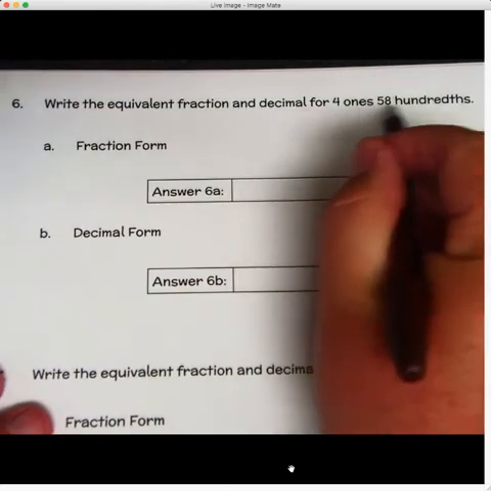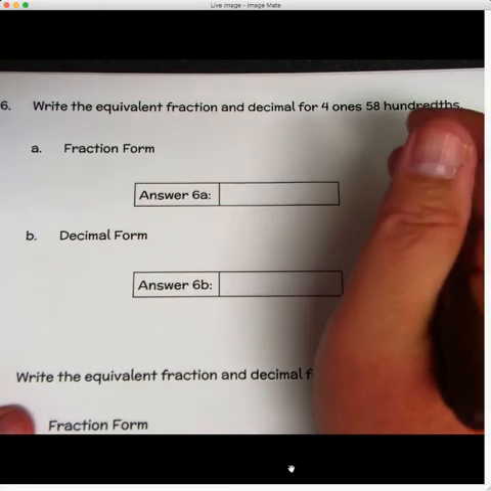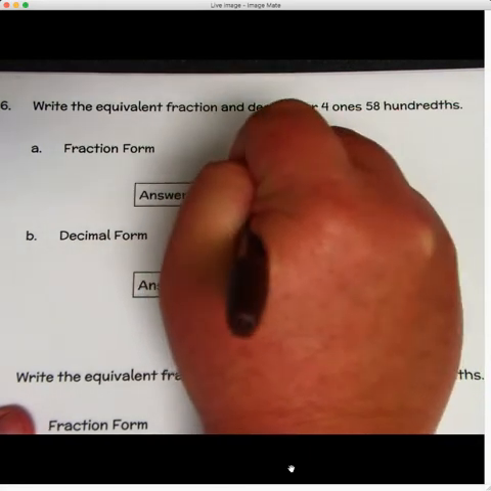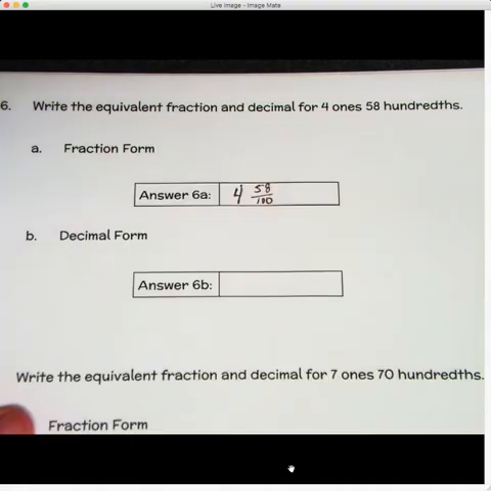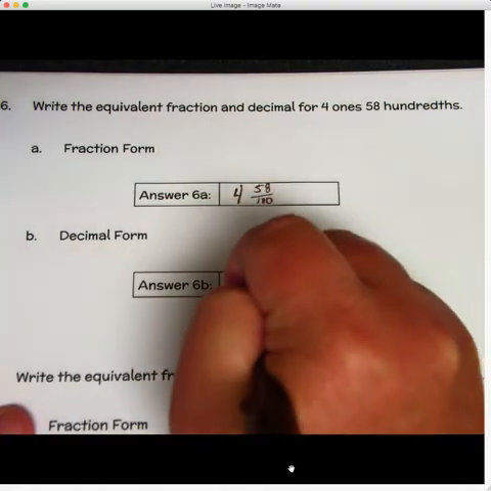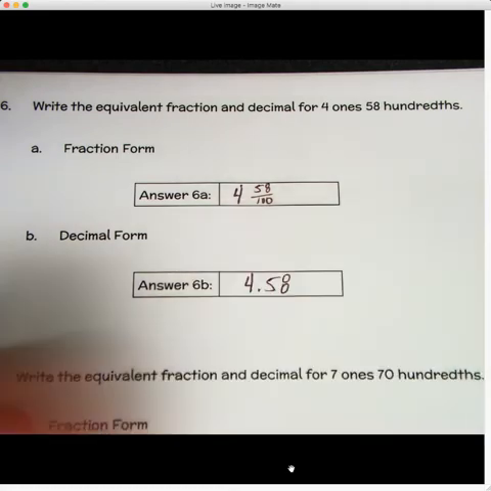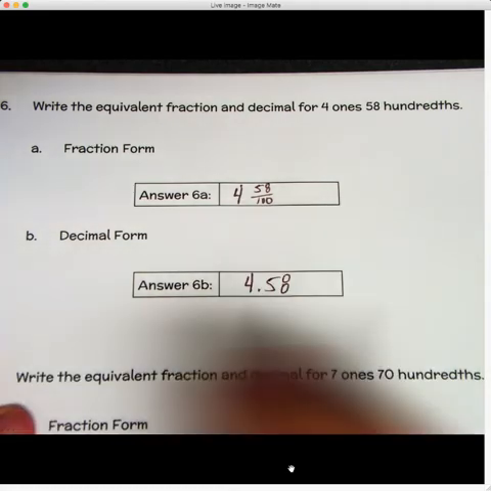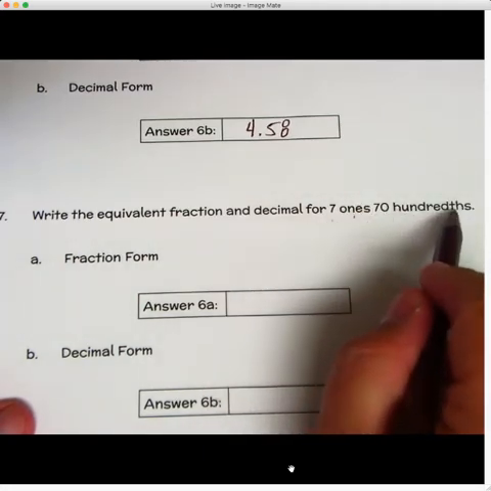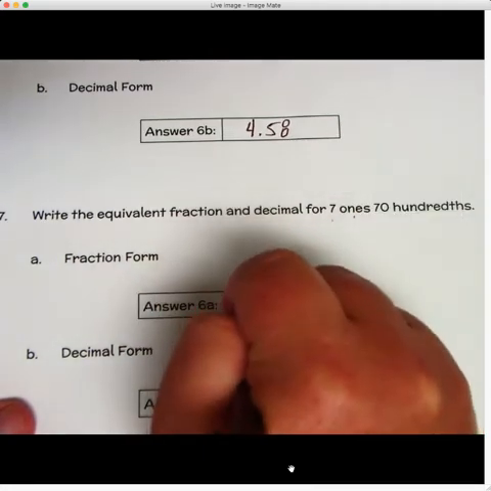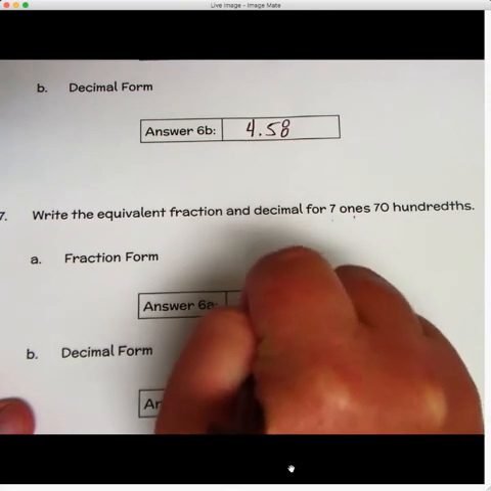We've got 4 ones and 58 hundredths. 4 ones and 58 hundredths. Decimal form, 4 and 58 hundredths. Next one, 7 ones, 70 hundredths.